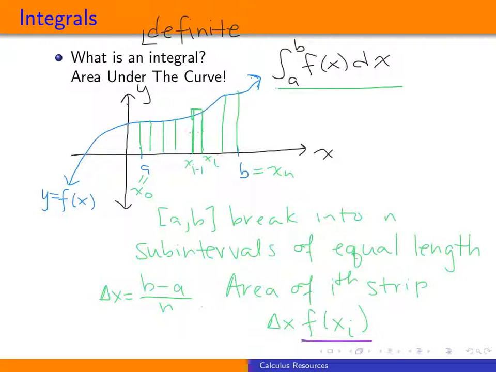Because we've made a rectangle, so we take width, that's my delta x, times height. Now I want to add all of those up for an approximation of the total area. So the total area under that curve from a to b is approximately the sum i equals 1 to n of delta x times f of x sub i.